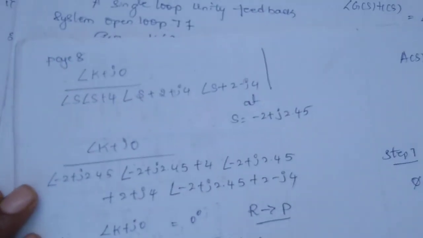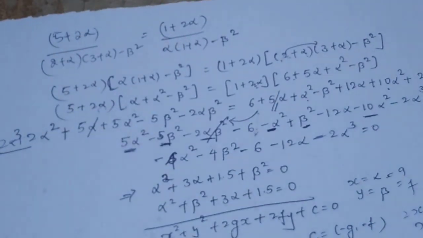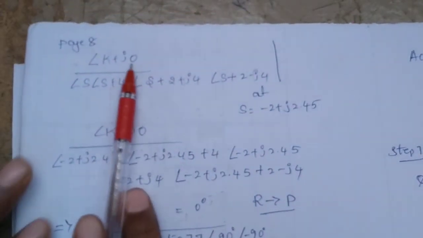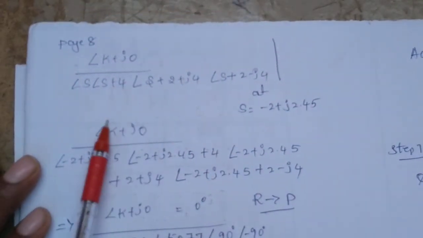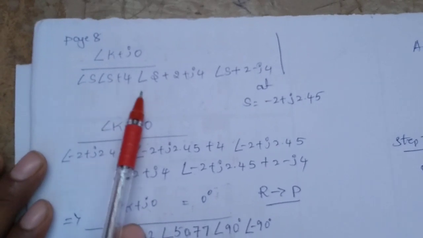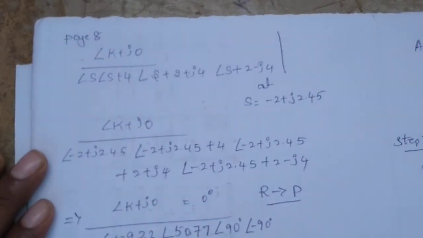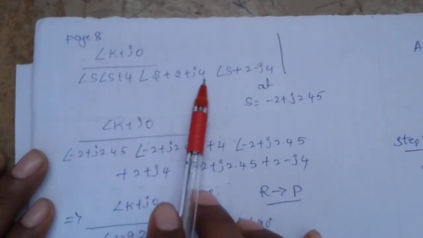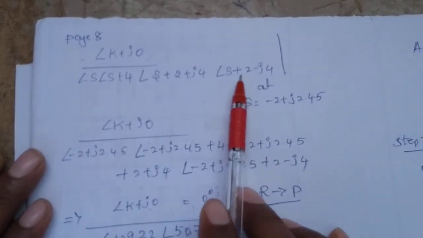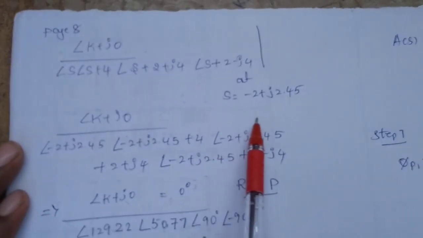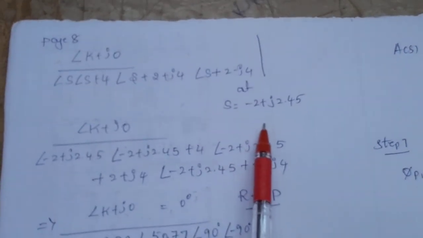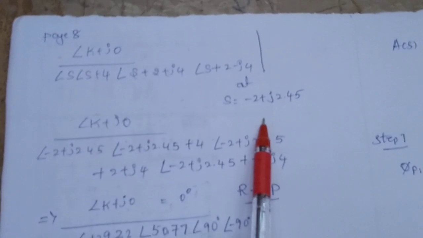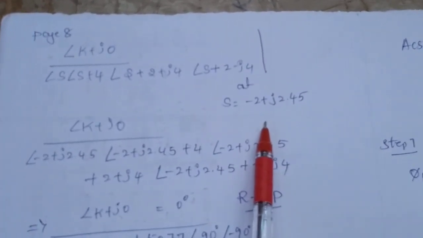Just observe here, we will get this equation: (K plus j0) divided by s(s+4)(s+2+j4)(s+2-j4), at s equal to minus 2 plus j2.45.